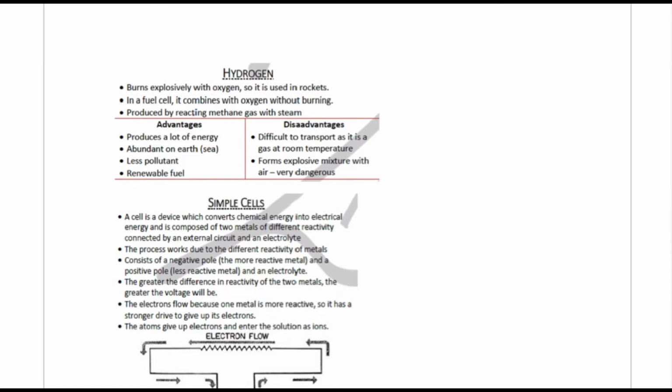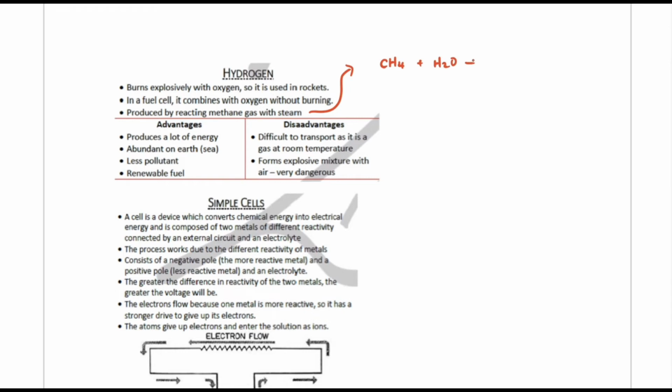Hydrogen is produced by reacting methane gas with steam. So that is how we produce hydrogen gas, methane gas with steam. Okay, let's see whether we can make the equation straight away or not. Imagine that methane gas is CH4, steam is H2O.